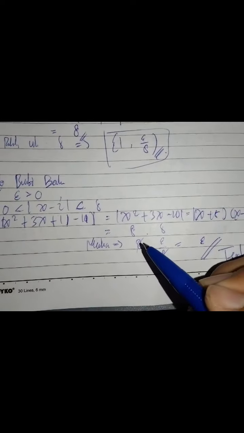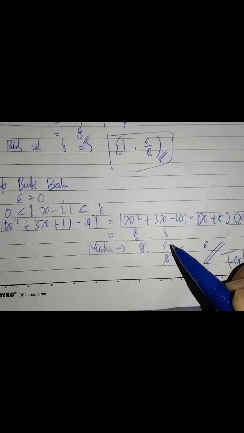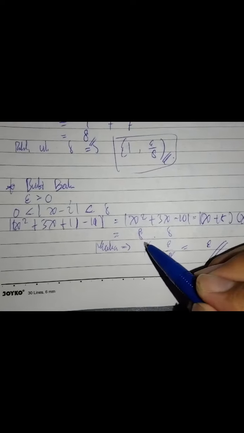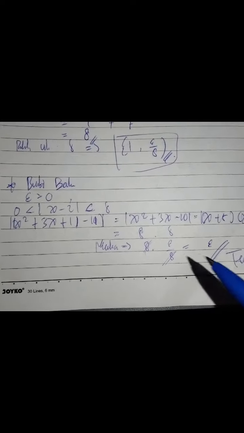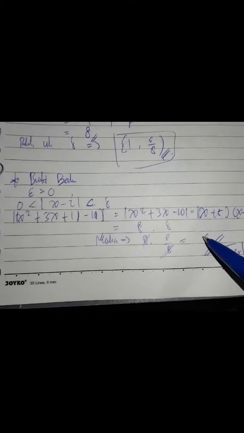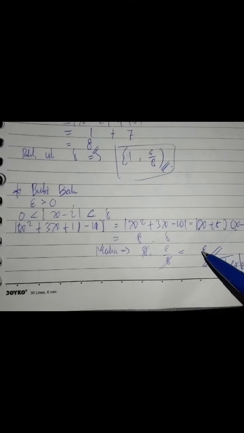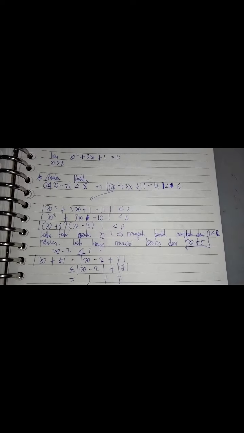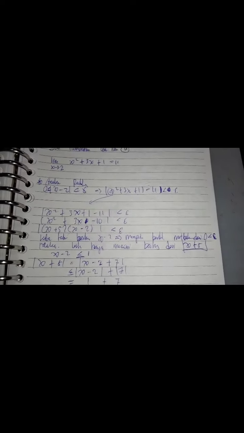Here we have 8 times epsilon over 8, so we can eliminate this factor. The result is epsilon. And the next question will be presented by my friend. So that is the end of my presentation, thank you.